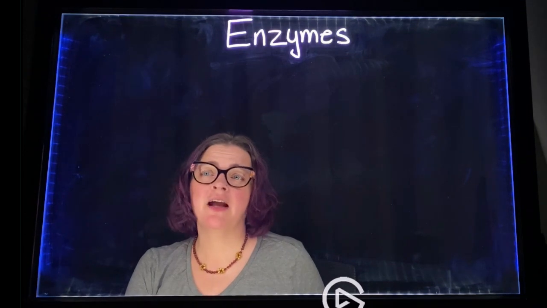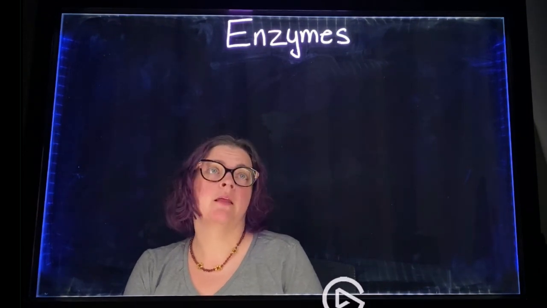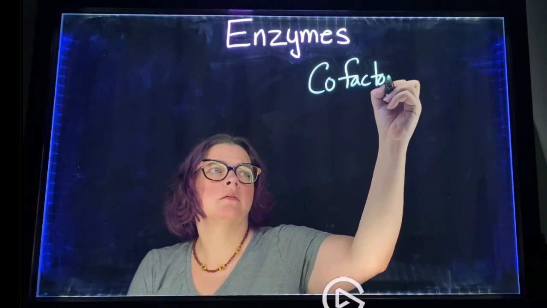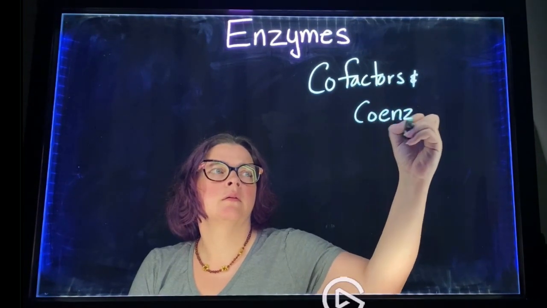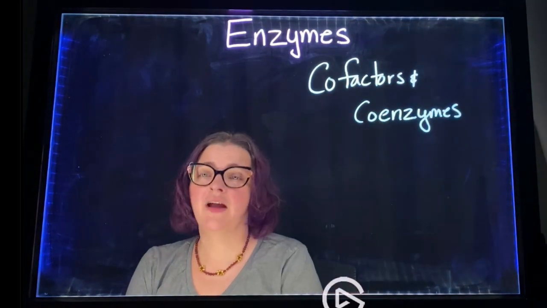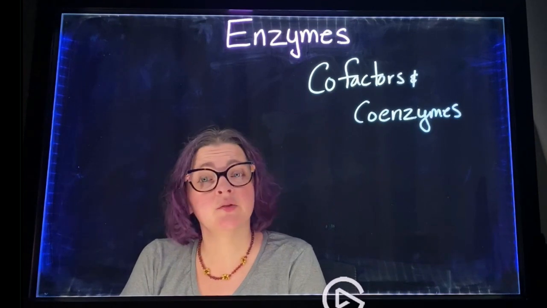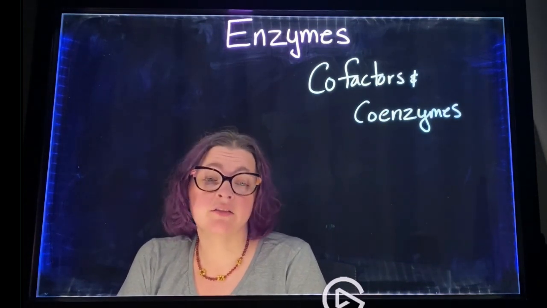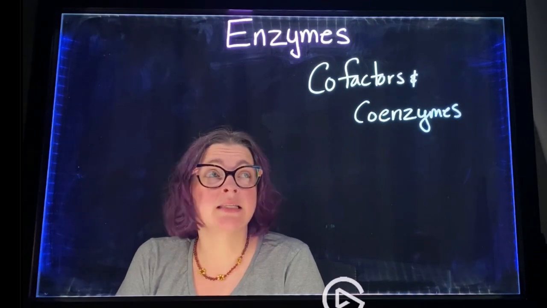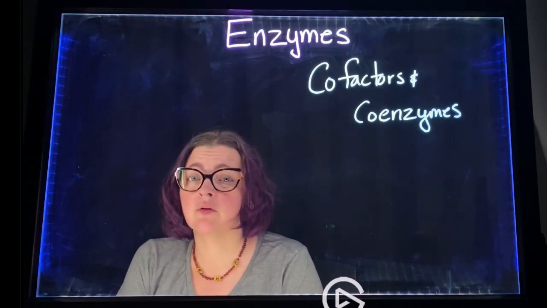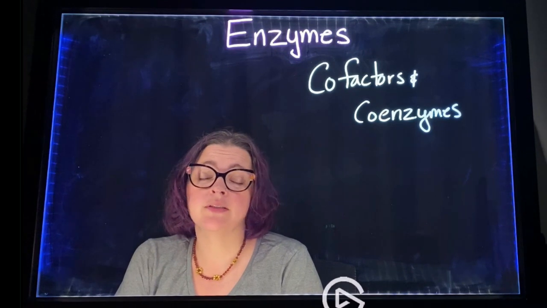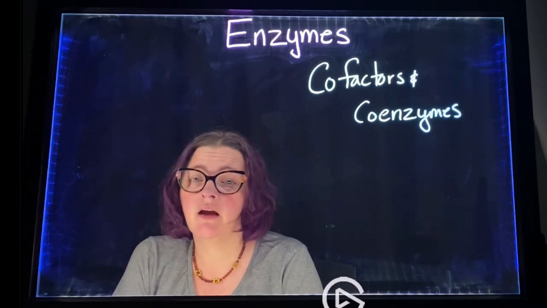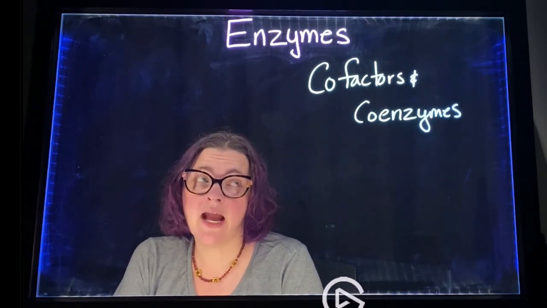So you have cofactors and coenzymes. Cofactors and coenzymes are accessory molecules that can help the activation of certain enzymes. Some enzymes need cofactors or coenzymes in order to work, and sometimes it might help speed up the rate of the enzyme reaction.